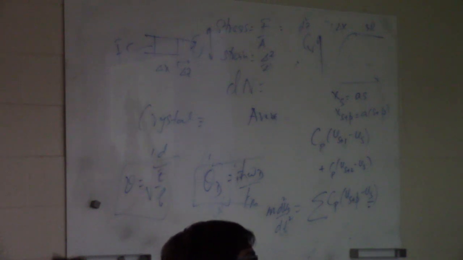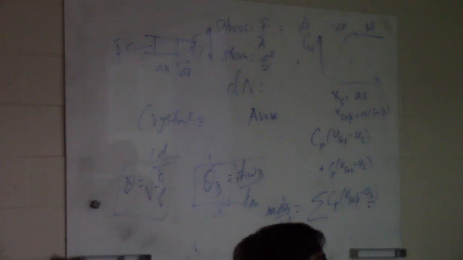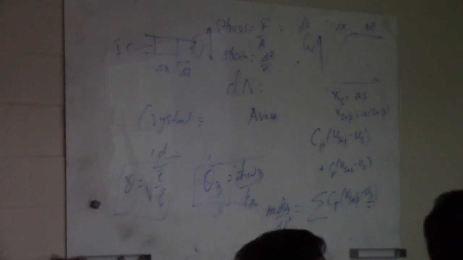But if you go to 1, 1, 0 direction, that means they are two different directions. In that case, you will see one longitudinal and two transverse ones. Because in 3 dimensions, you should expect to have 3 modes, right? But also it depends on what direction. So again, this is your zone boundary here.